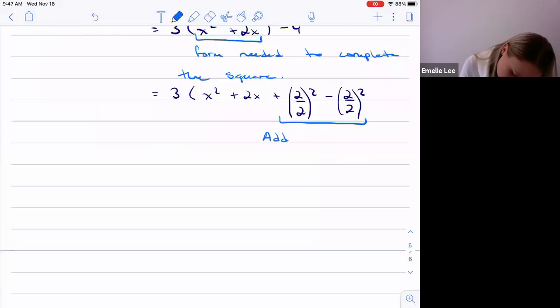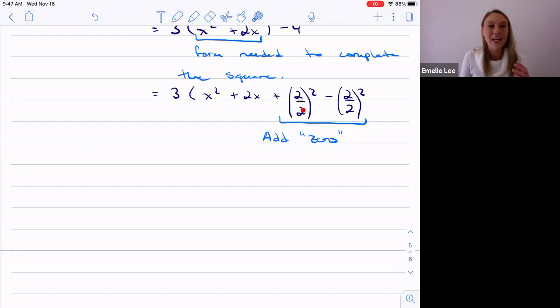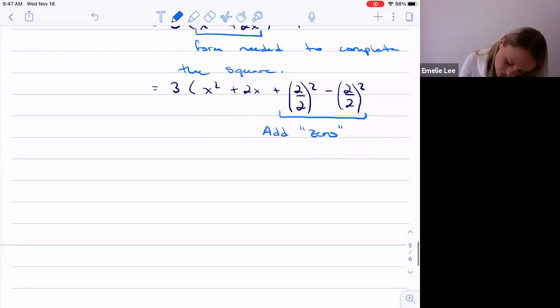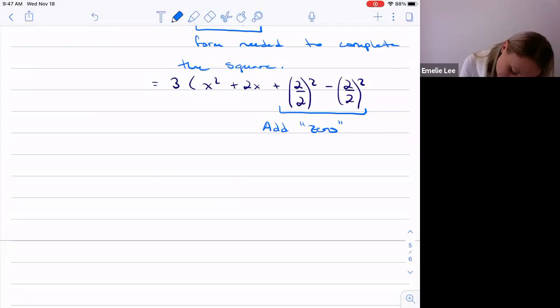Add 0. Because I'm adding 2 over 2 squared, but then also subtracting 2 over 2 squared. And this is what we call completing the square.